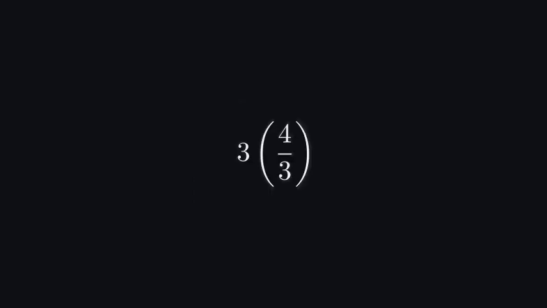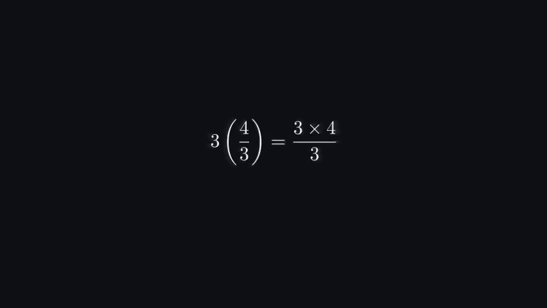Let us simplify the numerator first. The 3 cancels with the denominator 3, so the numerator becomes 4. 3 times 4 over 3 equals 4.